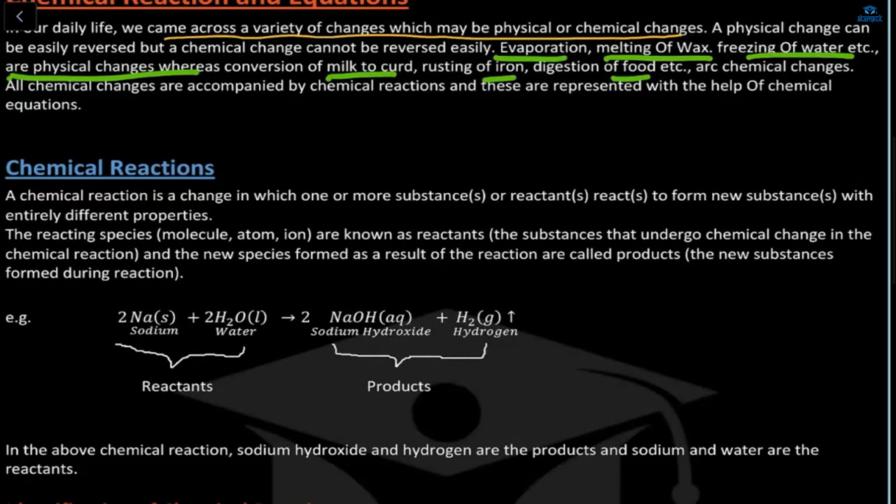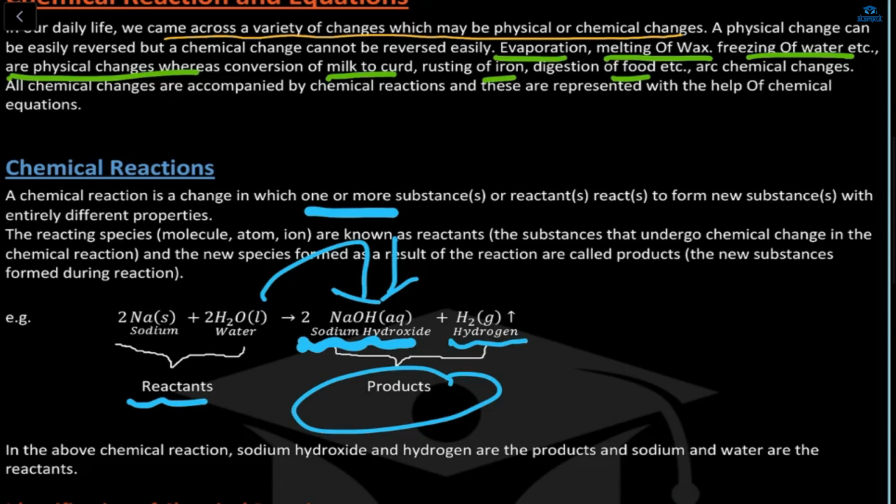So what was the definition of a chemical reaction? A chemical reaction is a change in which one or more substances combine to form a new substance. Now here, your sodium and water are the reactants, and they are combining to form sodium hydroxide and hydrogen. And this is your product. So this is a chemical change.